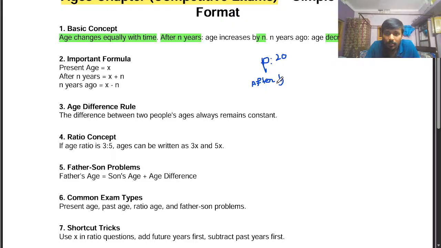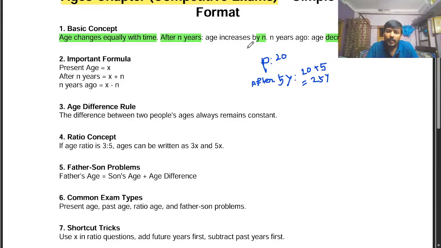After 5 years, what will be my age? After 5 years, my age will increase by 5. So my final age after 5 years will be 25 years.